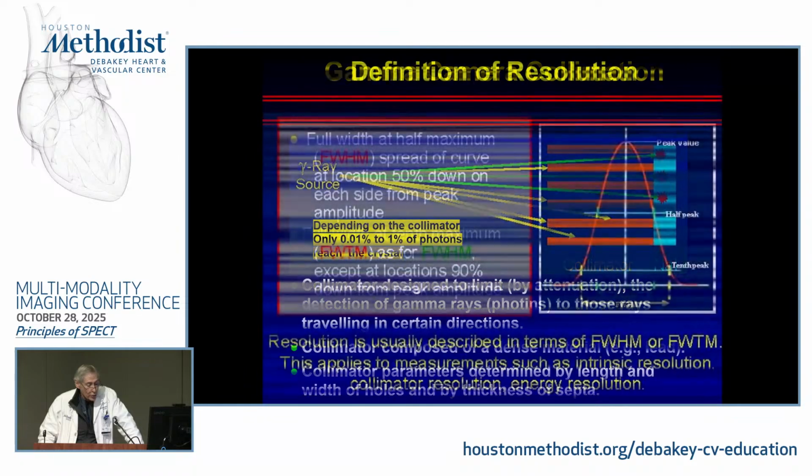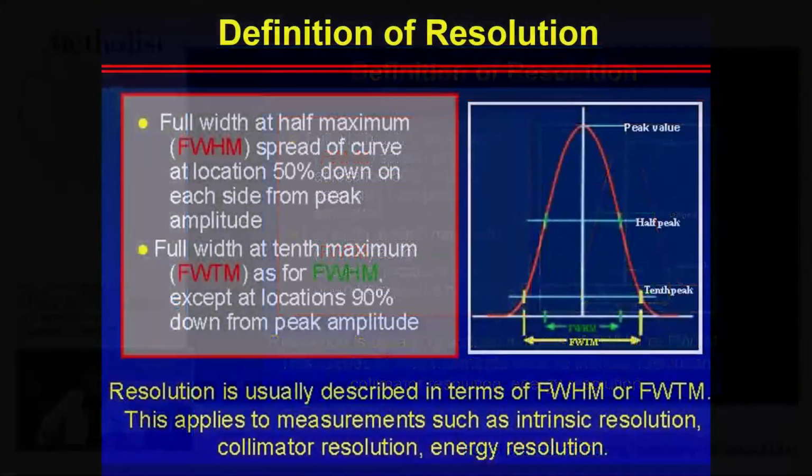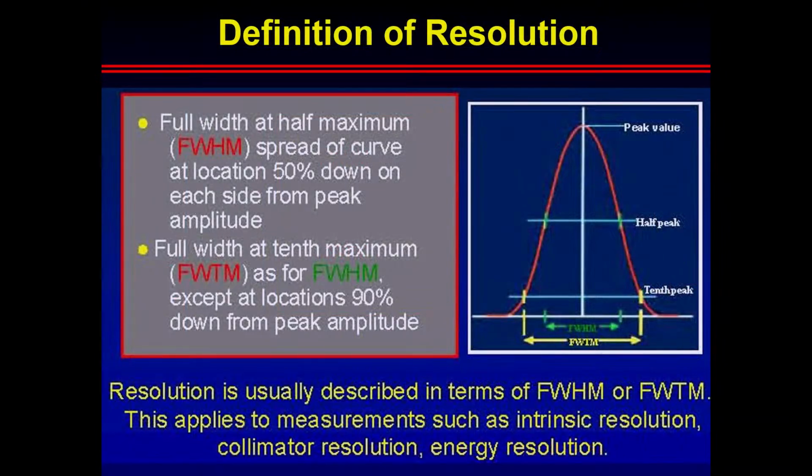Okay, let's talk a little bit about image resolution. So image resolution is based on what we call the full width half maximum. If you look at this particular graph, you can see it looks like just a Gaussian distribution. And half of that is called the half peak, which is the full width half maximum.